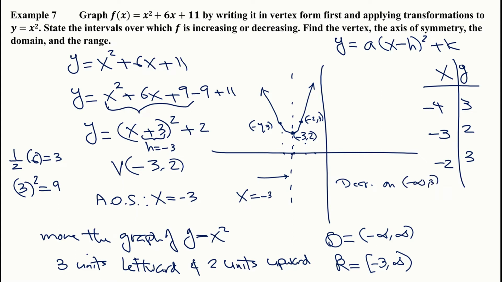Always give those intervals as open intervals for decreasing, increasing, etc. And it is increasing on -3 to infinity. And that's how that is done. And that should do it for us. Okay, so make sure you understand that, and we'll proceed.